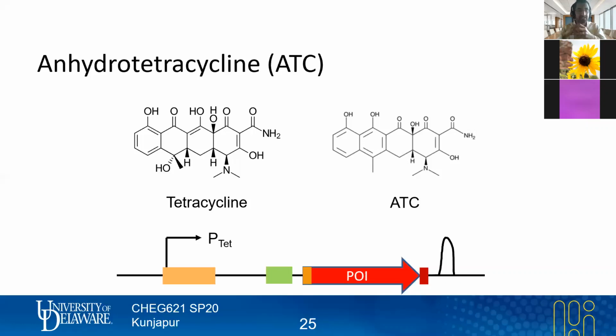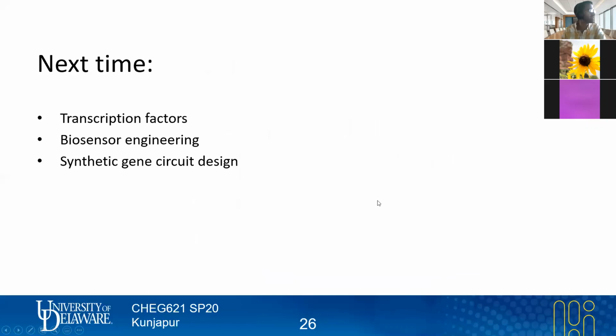But all of these systems have, to some degree, a little bit of gene expression that's still happening, even when the inducer isn't around. And so next time, according to this slide, we'll cover transcription factors, biosensor engineering, and synthetic gene circuit design.